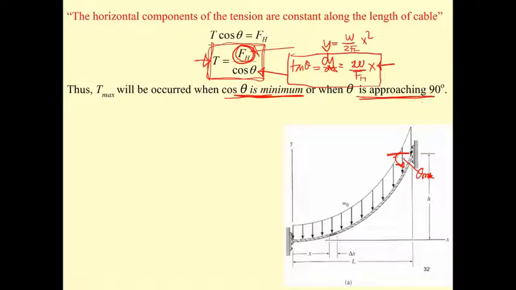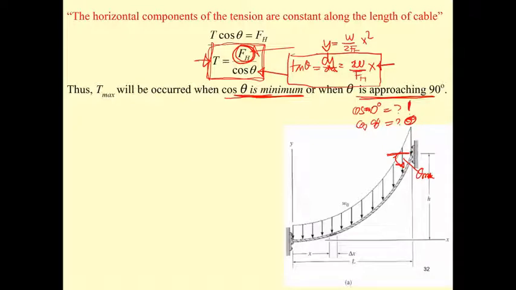If you may recall, cos 0 degree equals what? Cos 90 degree equals what? If it's close to 90 degree, it's going to be 0. And cos 0 degree is going to be 1.